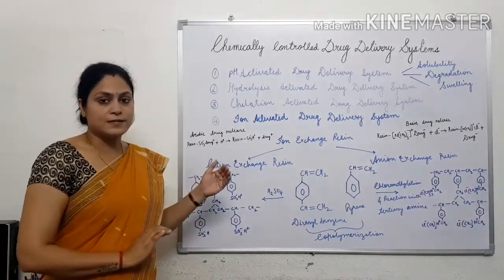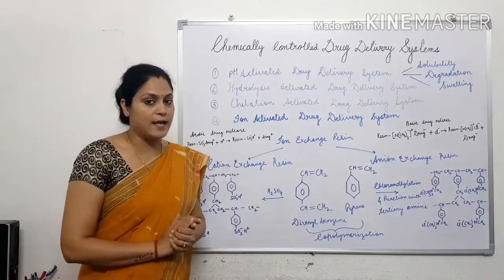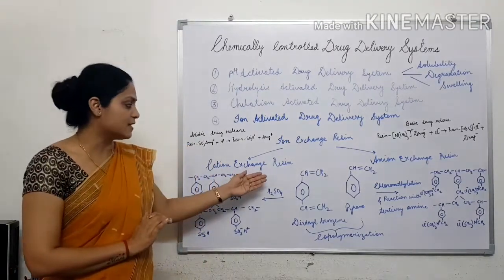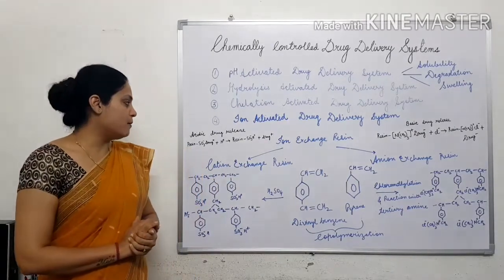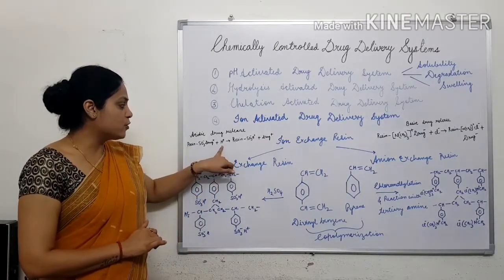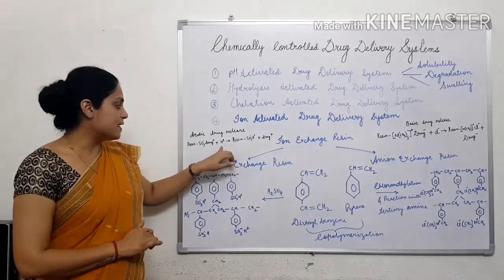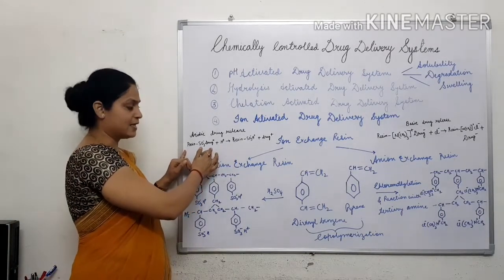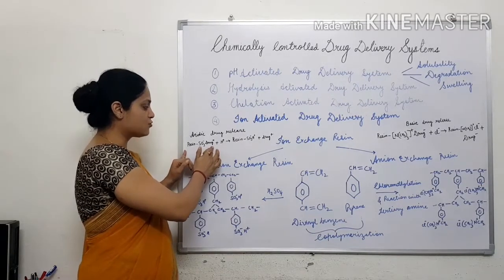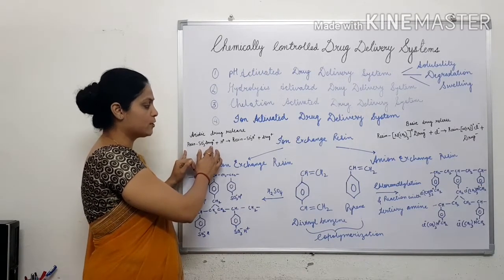When such a delivery system is administered into the body, upon reaching the stomach, where hydronium ion is present, it exchanges the drug molecule from this cation exchanger, and the cationic drug molecule is released.